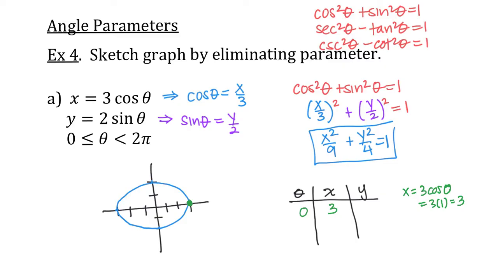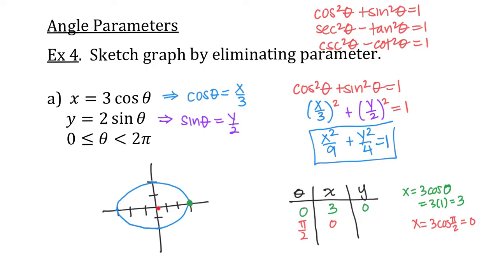I could plug in the sine. I would get 2 times sine theta, which will give me a 0 here. But I'm just trying to get an idea of where I'm going. Now I want to pick another easy point. So probably I'm going to plug in pi over 2. I'm trying to see what happens as I go towards 2 pi. If I do 3 cosine pi over 2, the cosine of pi over 2 is 0, so that's going to be a 0.